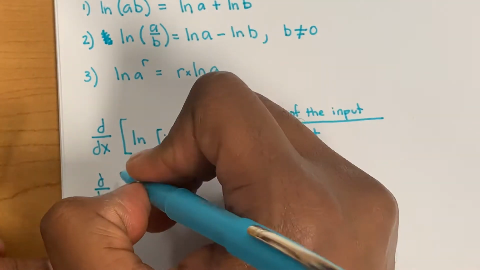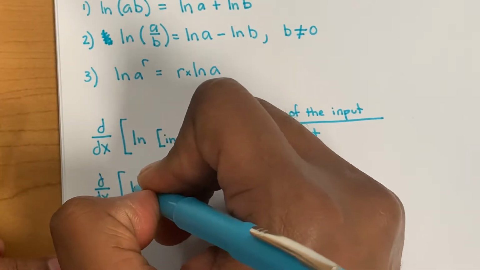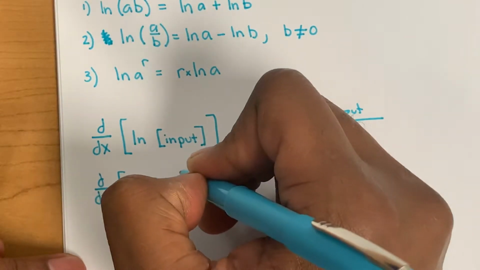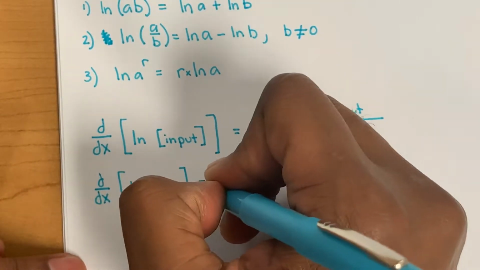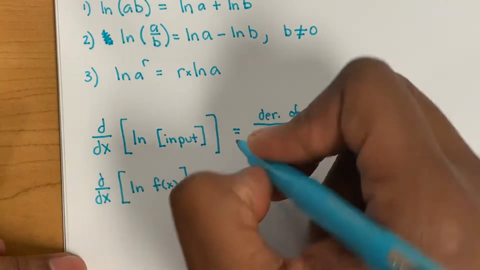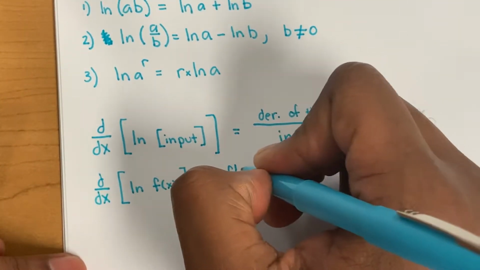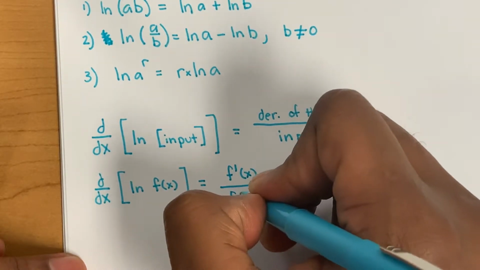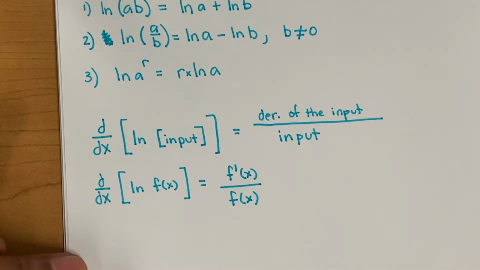Now, specific to what we're going to be doing, we can make this look more like something we've seen in class. If we have the derivative of the ln of f of x, where f is just some arbitrary function, that is going to equal the derivative of f of x, which we call f prime of x, over the original input, which is just f of x.